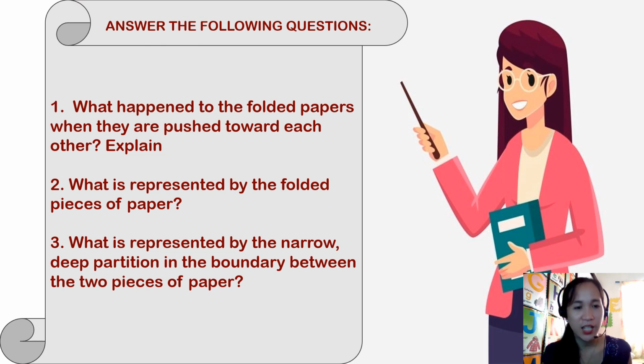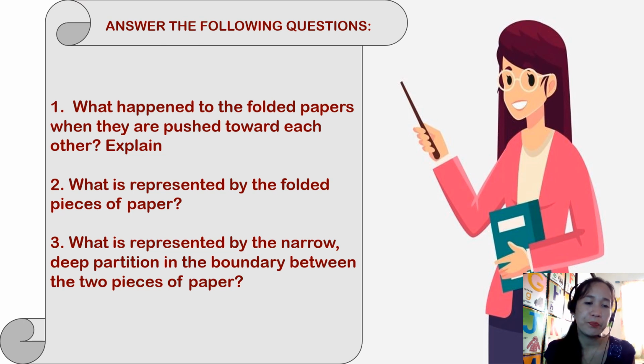Okay, very good. Of course, the folded papers were squeezed in and the folds were created after pushing them towards each other. Number 2, what is represented by the folded pieces of paper? Okay, you got it right. The folded papers were represented by moving tectonic plates.